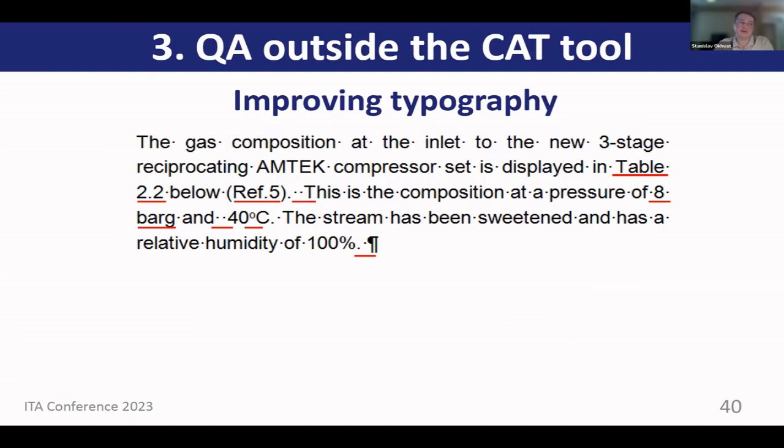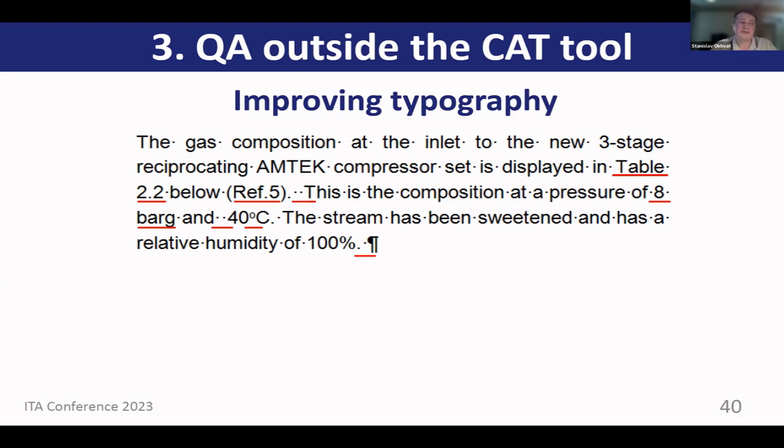We finally come to the third and final usage of external tools, and this is quality assurance outside the CAT tool. Generally, I would recommend to perform all QA inside the CAT tool, but in some situations, this is difficult to accomplish.